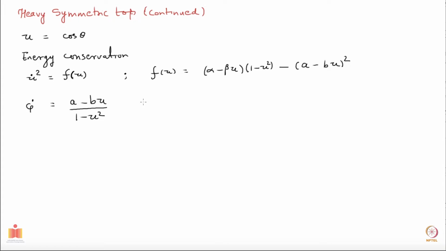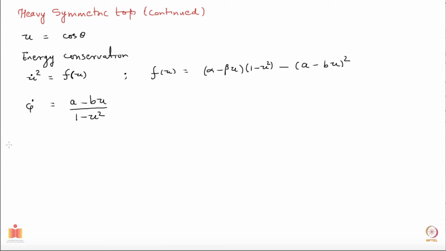Okay, that's good. Now let's ask how the inclination of the top changes with time. Or we will not answer how it really changes in time, but we want to know at least some information about the inclination of the top, which is encoded in this relation u dot square is equal to f of u.